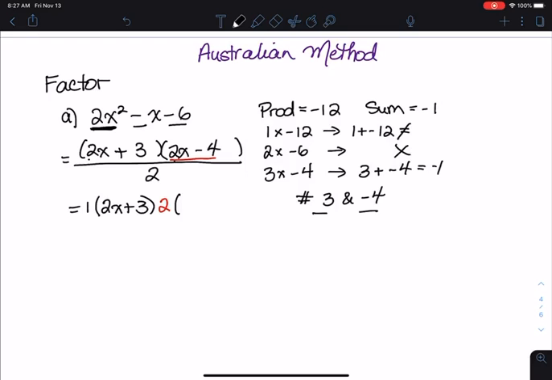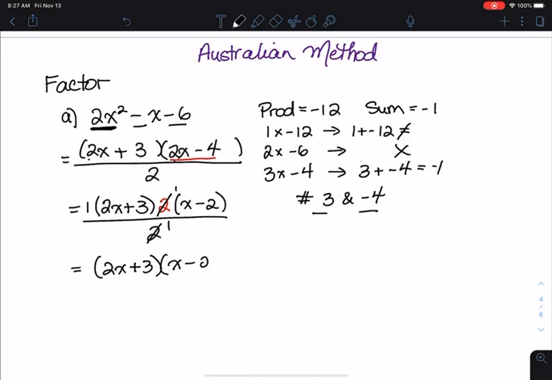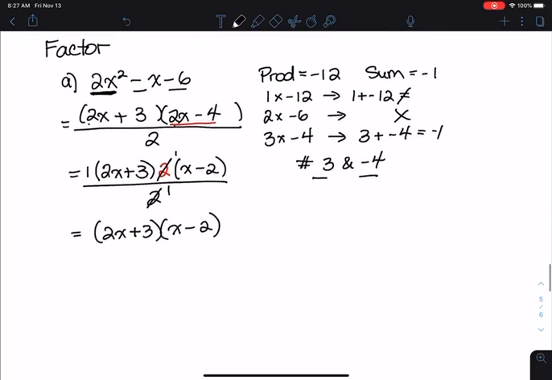Dividing that by 2, we get x minus 2, and that's divided by 2. And now I can see that 2 goes into itself once and into 2 once, and that leaves me with my factored expression being 2x plus 3 times x minus 2. So that's my first example.